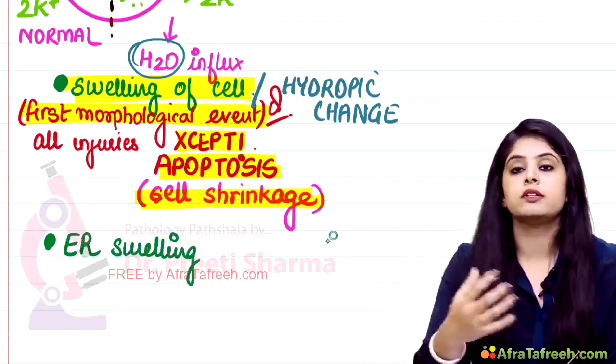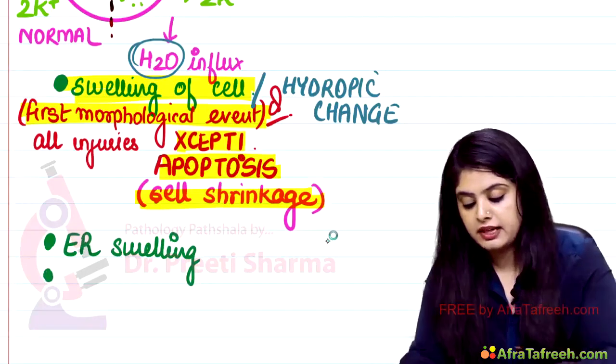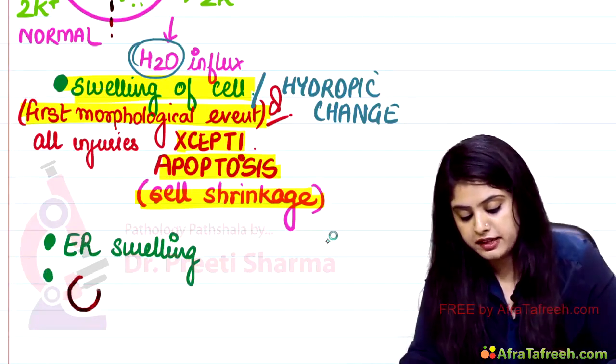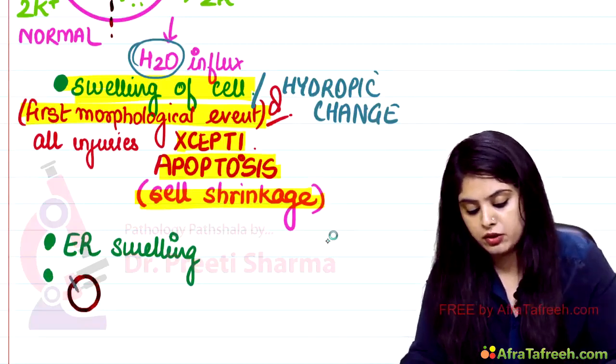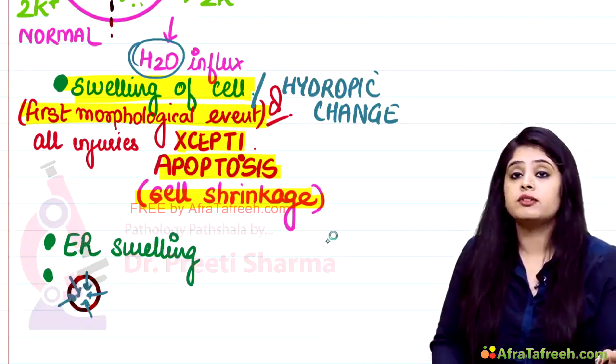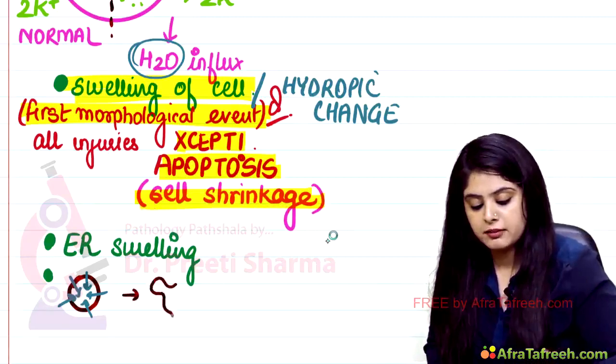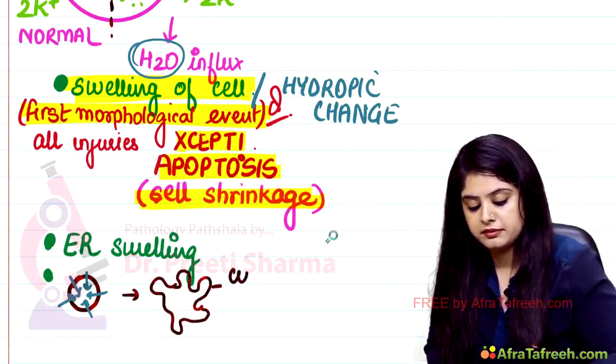More and more water is entering the cell, so it will enter the organelles also. Finally, a time comes when the cell will tend to give up, but still your body is trying to save you. So now the cell ends up forming certain cytoplasmic blebs.